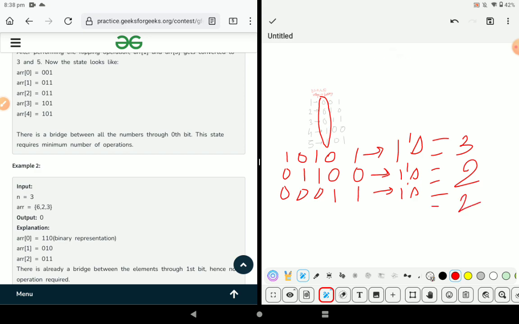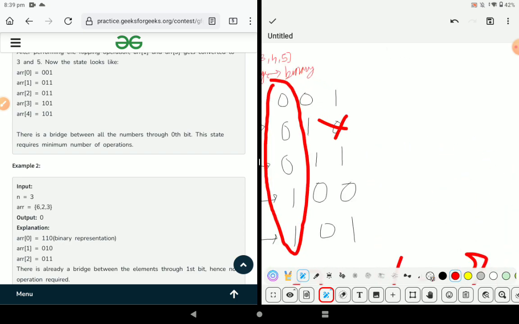So what we have to do is perform some operations to create a bridge, which means all these numbers must be 1. So now it's 1 1 1 1 1, and this is a bridge.